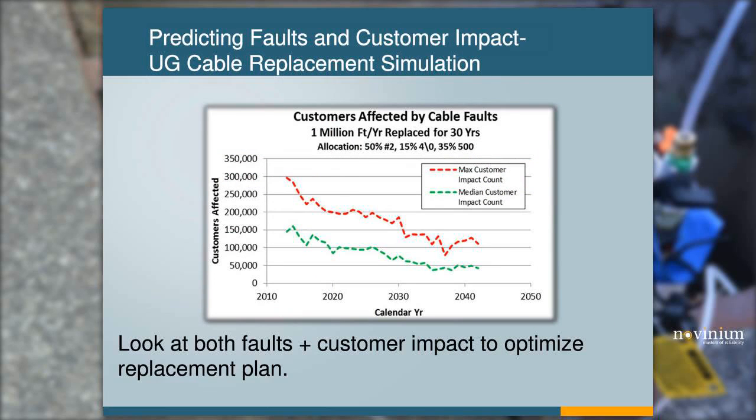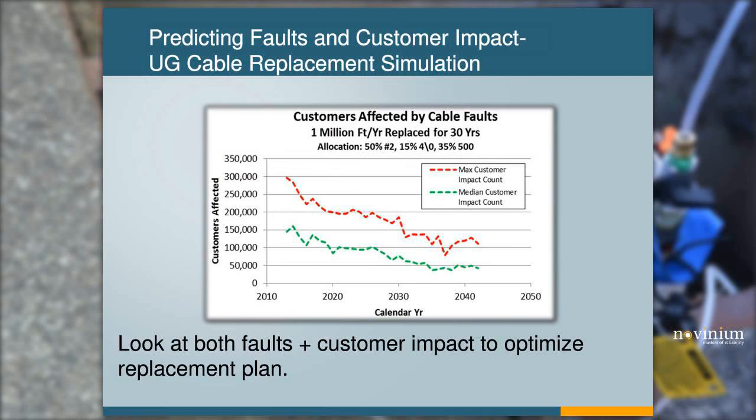Once we do that, we look at what our customer effects would be. In this example, the scenario is we're going to replace 1 million feet over 30 years with allocations that you see there, 50% for number 2, 15% on 4/0, and 35% for 500. And we see a max and a median customer impact.